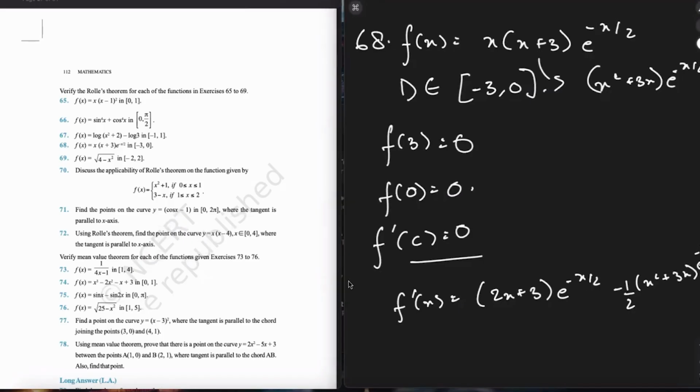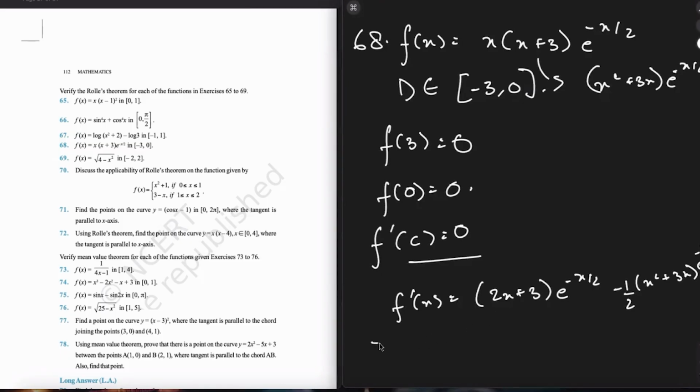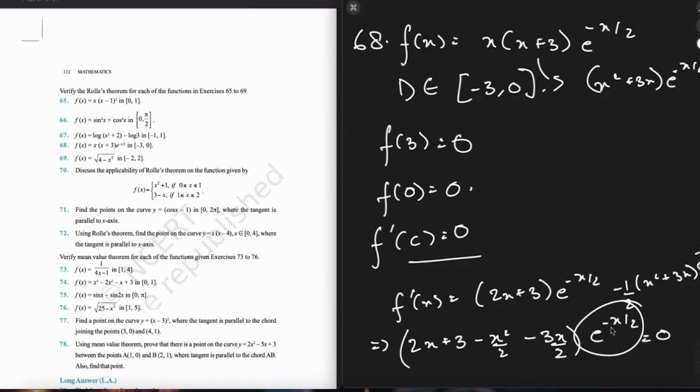So 2x plus 3 minus x square upon 2 minus 3x upon 2. This should be equal to 0. The exponential can never be equal to 0.